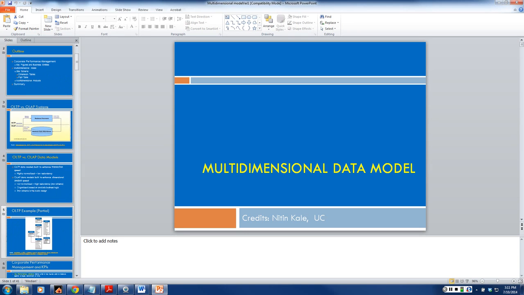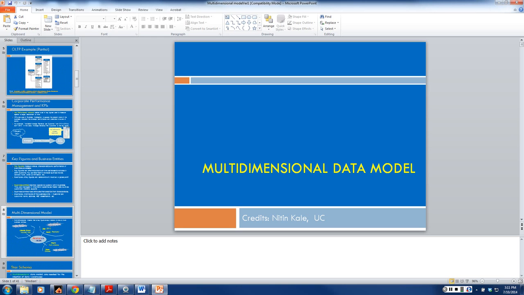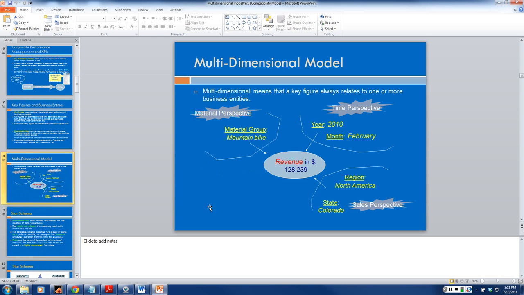The first thing we will do is look into the concept of multi-dimension, as I can show you here. Now you see a number here. The number is revenue, which is a fact. We'll talk about that a little bit later. But 128239 is a number. Now, it is just a number, but when we use the number in a certain context, it has a different meaning.